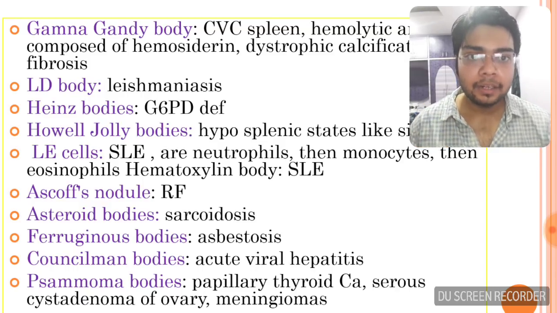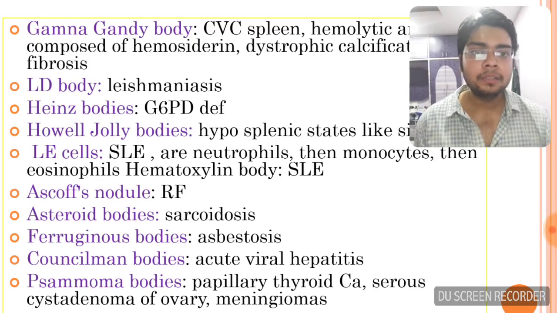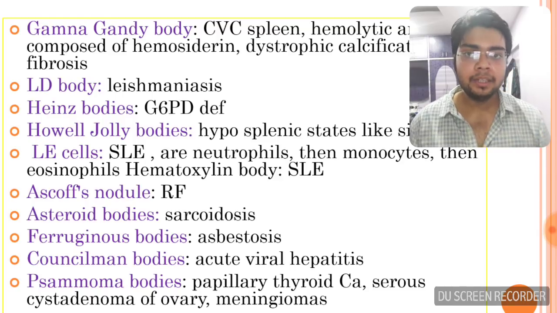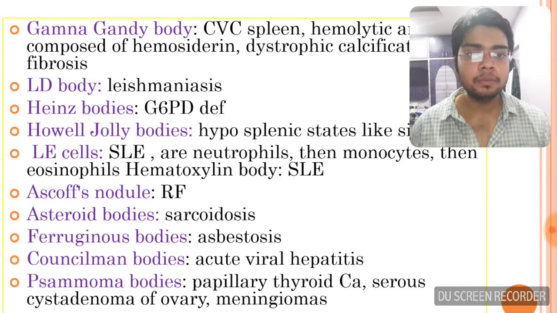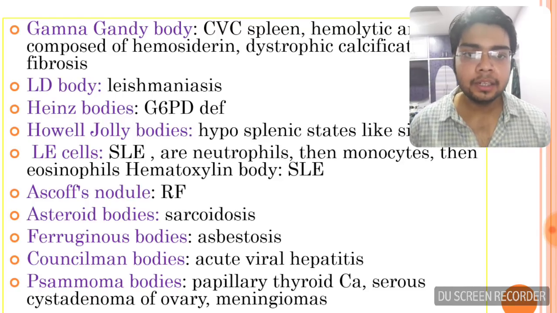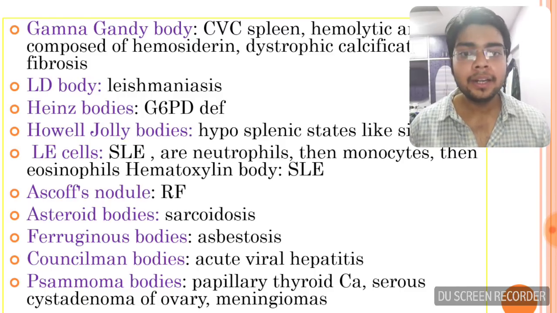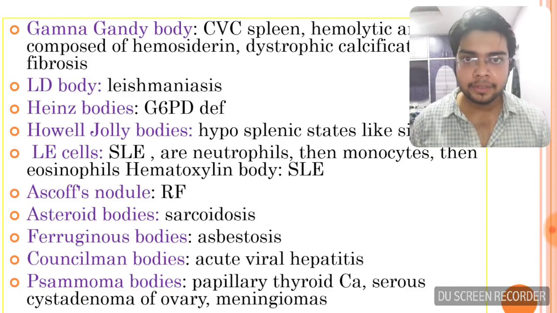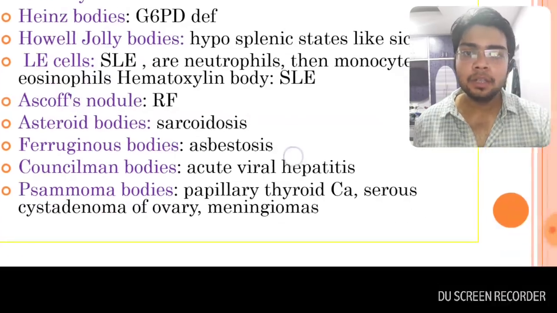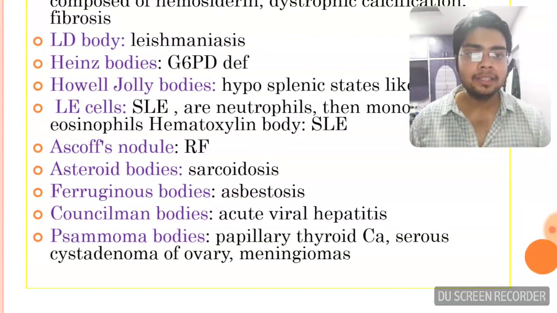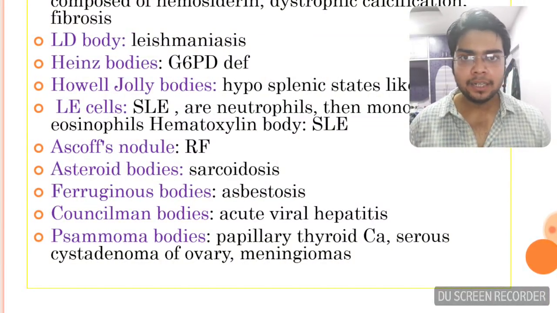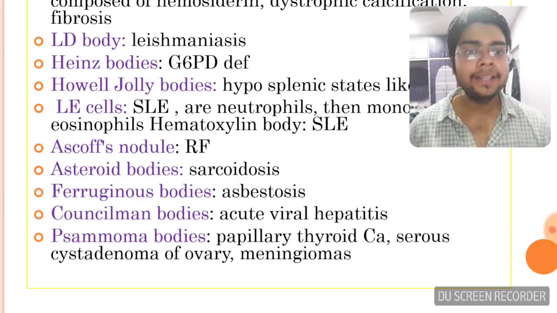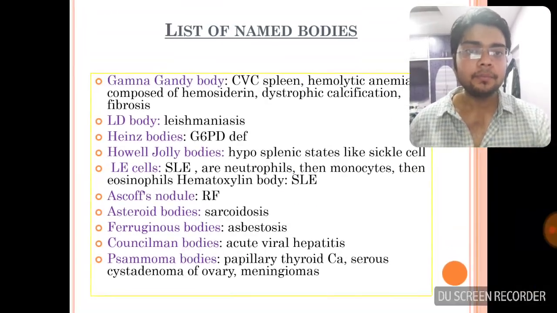Again I am telling, ferruginous bodies for asbestosis. Councilman bodies in acute viral hepatitis, again very important. Psammoma bodies are found in different conditions like papillary CA thyroid, serous cystadenoma of ovary, meningioma, and many more, and you must remember at least these three: papillary thyroid CA, serous cystadenoma of ovary, meningioma.